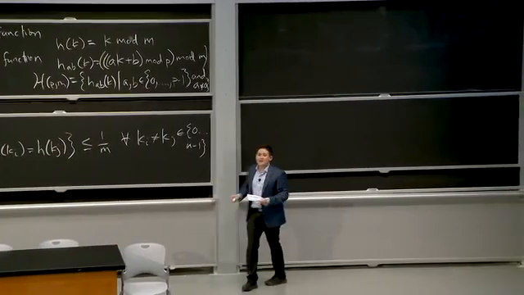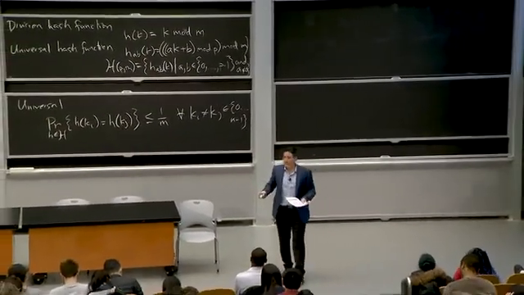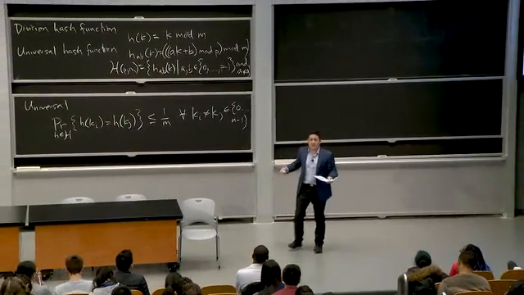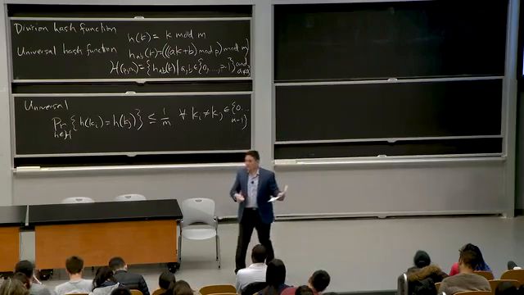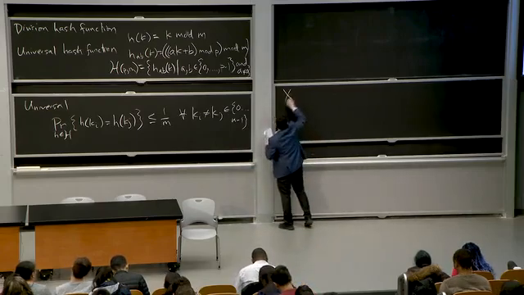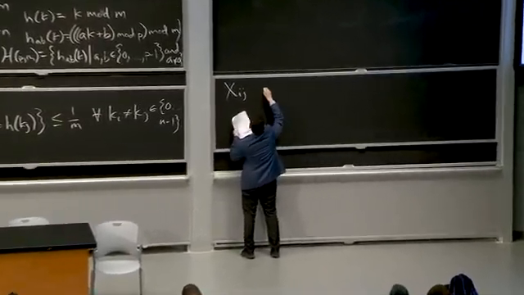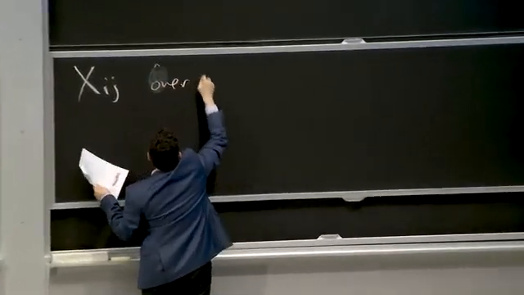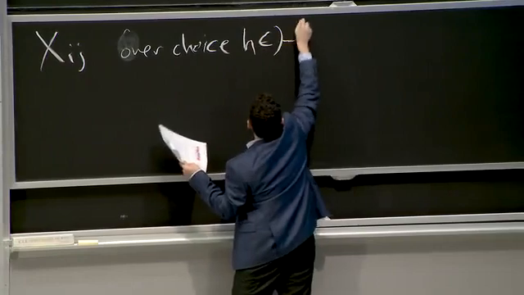I'm going to define a random variable, an indicator random variable. Does anyone remember what an indicator random variable is? Yeah, it's a variable that with some probability is 1, and with 1 minus that probability is 0. So I'm going to define this indicator random variable, x_ij, as a random variable over my choice of a hash function in my hash family.